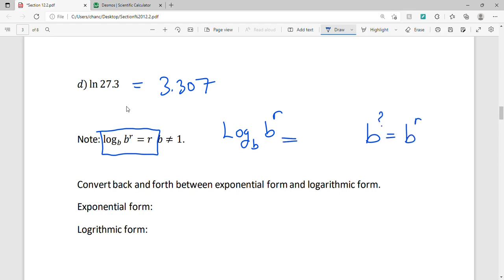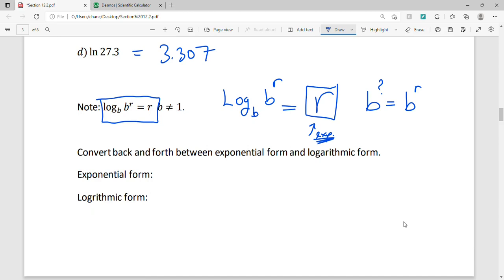And that is why this r is our solution, because that's the exponent. For a logarithmic expression, the answer is always the exponent. And so this property always holds true, that if you have the base b here, and the argument being a base b raised to r, the solution is always the exponent r.